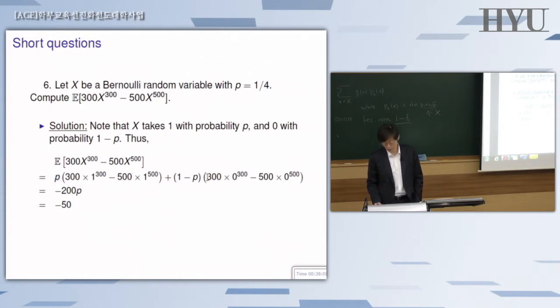So if you compute this one, the whole second half disappears because this is nothing but 0. But then the first half, the power is high, but the base is just 1, so it doesn't matter, it's still 1. Whether you raise it to the power of 300 or 3 million, it's still 1. So this is 1, and that is 1. So the difference between these two is just negative 200 times p, and p is known to be 1/4. So the final answer should be negative 50.